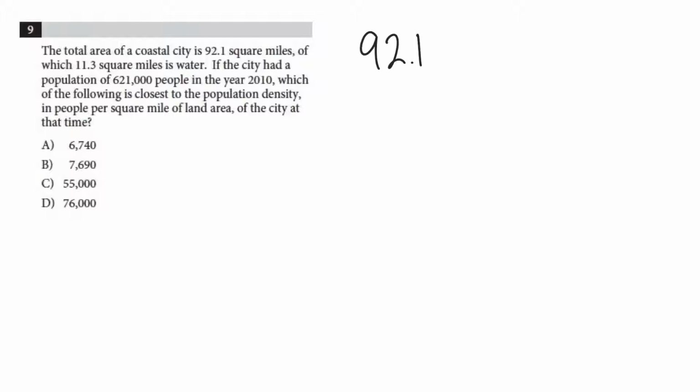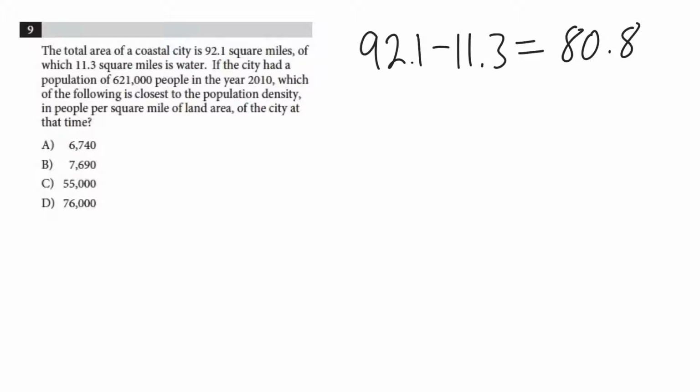There's 92.1 square miles in the city, but we have to subtract out 11.3 square miles that was water. Okay, I'm going to do that on my calculator. 92.1 minus 11.3. So there's 80.8 square miles of land in the city.